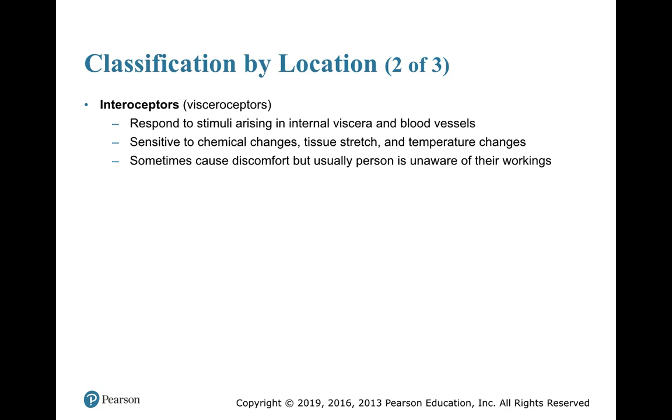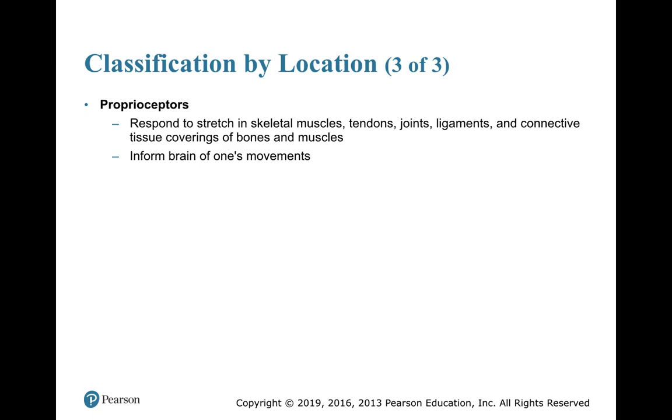They're providing information about our body position so we can make a plan to move where we want to move, running in the background to a great extent. Proprioceptors are responding to stretch in skeletal muscles within tendons, joints, ligaments, and connective tissue coverings. And they, again, help to inform the brain of one's movements.